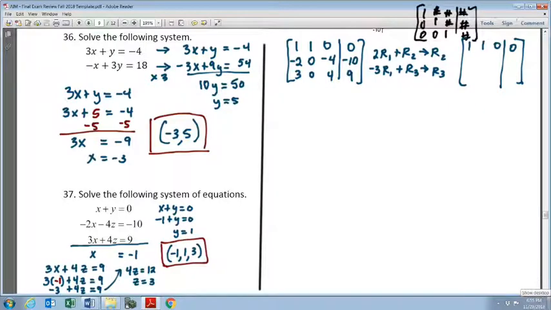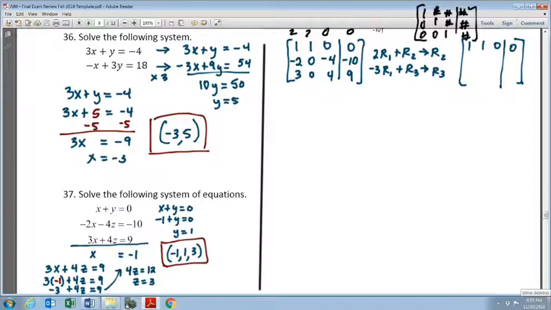So let's multiply the first row by 2. If we multiply the first row by 2, 2 times 1 is 2, 2 times 1 is 2, 2 times 0 is 0, and 2 times 0 is 0.